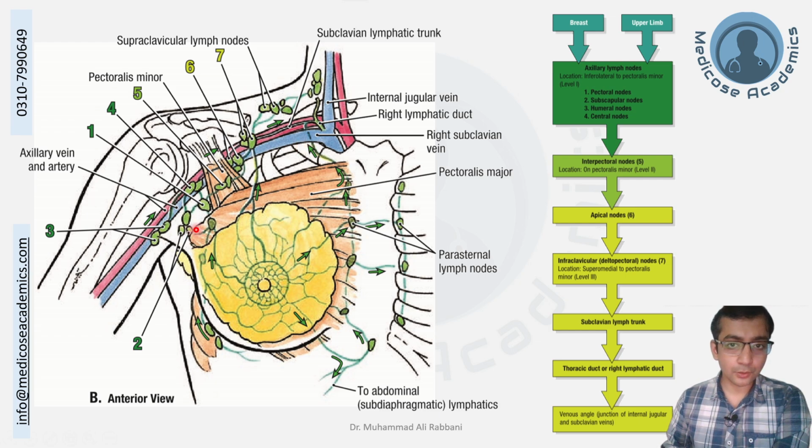On the lateral aspect, it majorly goes to the pectoral nodes. The anterior pectoral nodes may go to the subscapular, may go to the humeral nodes too, but majorly go to the subpectoral nodes. They may directly go to the central nodes too.